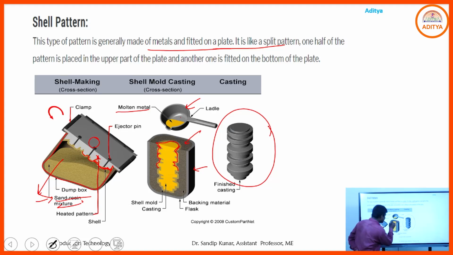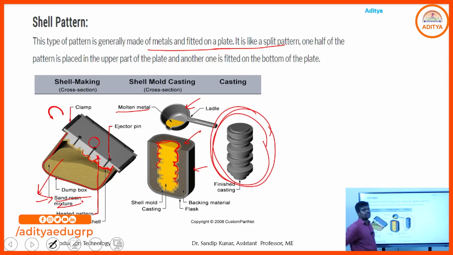That shape denotes a shell, because we want to produce that type of product as per our requirement. Finally the finished casting product is produced. That is the shell pattern.